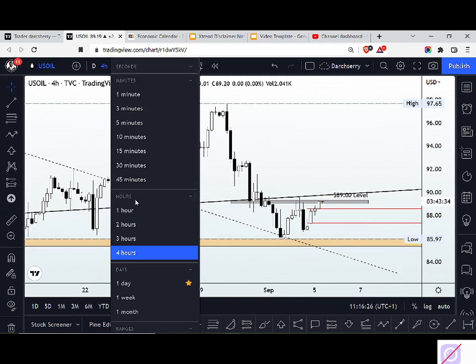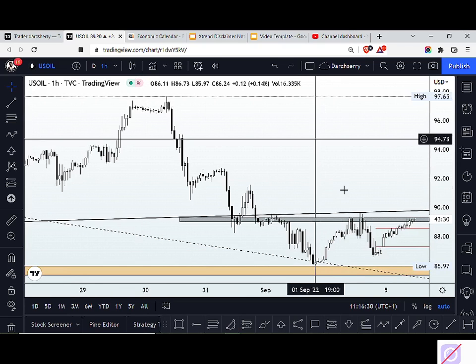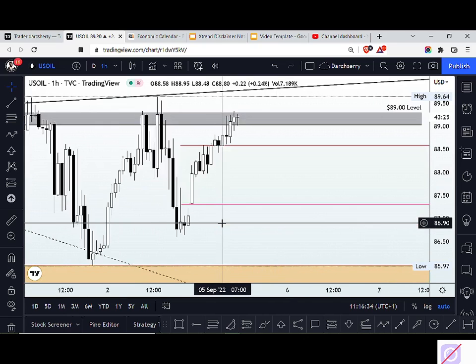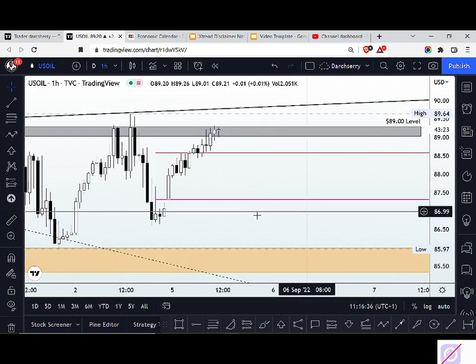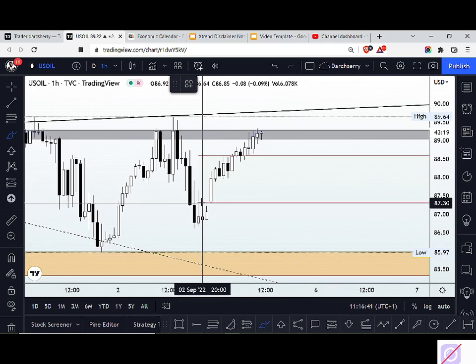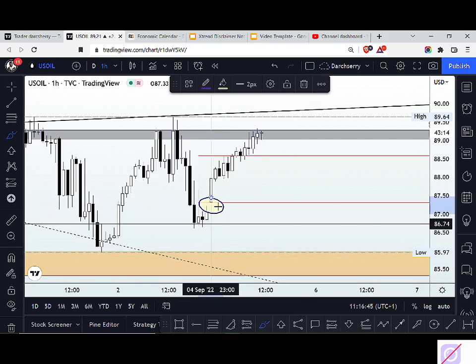That is that. Now I want to see how participants have been responding to this area since the beginning of the week. So let's look at what has been happening since the beginning of the week. Price started from the $87.30 area, somewhere around here.